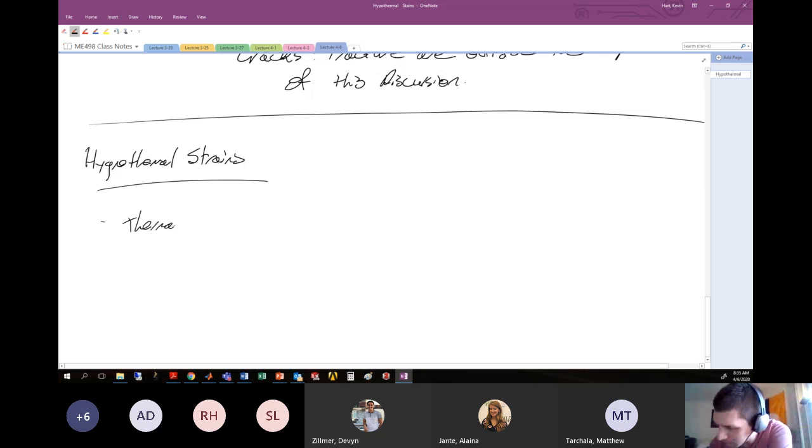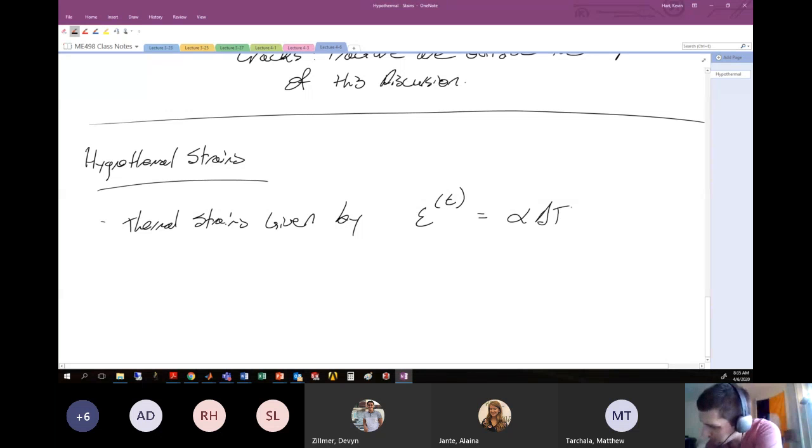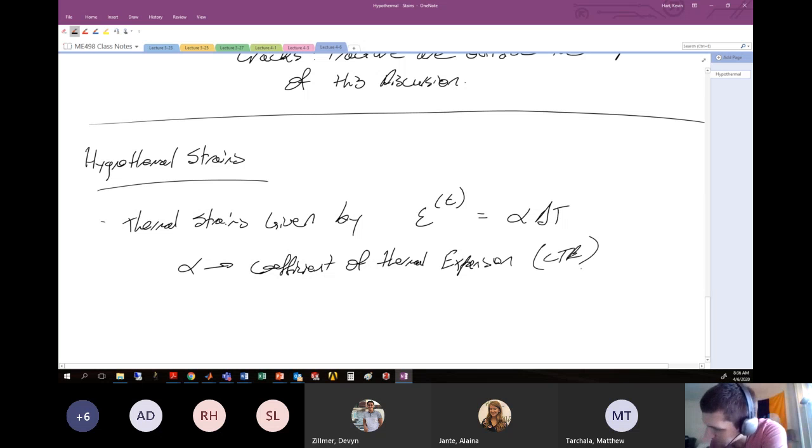So thermal strains are given by, usually we'll use an epsilon with a T, or a T with parentheses around it. So here the thermal strain is alpha delta T, where alpha is the coefficient of thermal expansion, sometimes written as CTE.